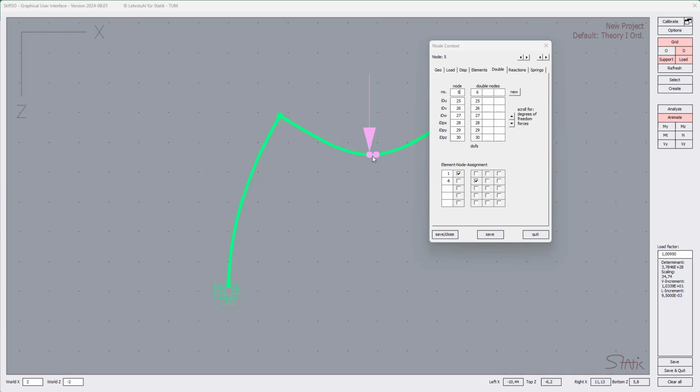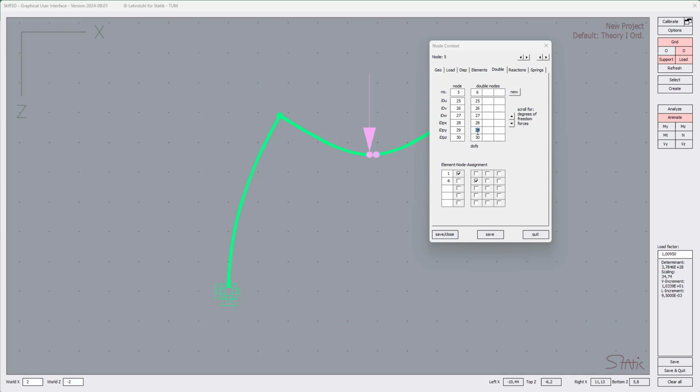To introduce a moment hinge as we just had, that is the rotation around the y-axis. That means if we decouple the rotation phi y, then we have to work on the degree of freedom numbers of the 2 nodes regarding the rotation phi y.